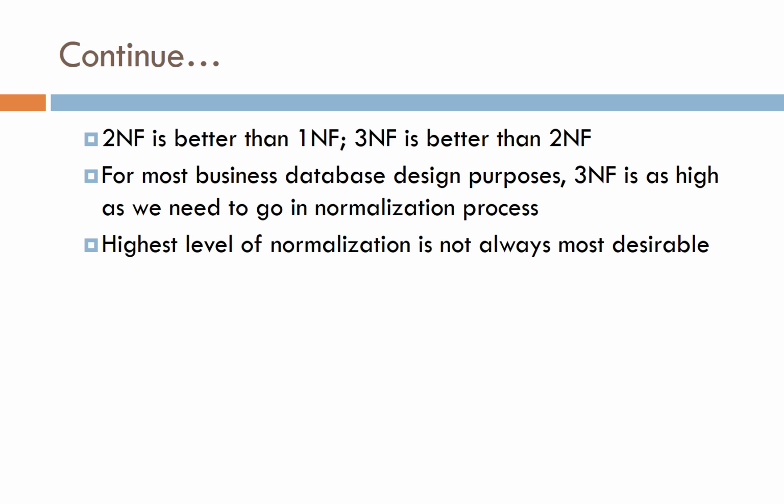For most business database design purposes, 3NF is as high as we need to go in the normalization process. So if you achieve the third normal form criteria in your database, then it is more than enough for your business purpose. Highest level of normalization is not always most desirable.